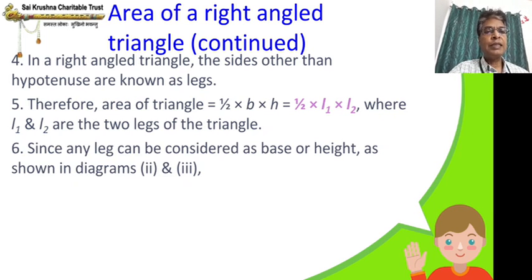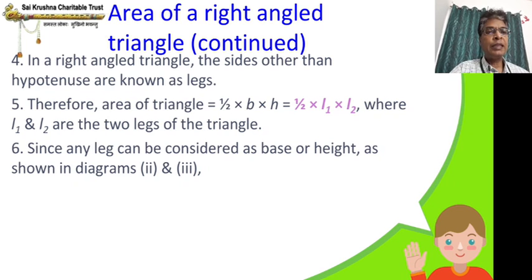Since any leg can be considered as base or height, as I have written here, as shown in diagrams 2 and 3. In 2 we saw BC as the base and in the other one we saw CA as the base. So we can consider any one as the base, any one as the height. That is, the sides which are not the hypotenuse, these are the 2 sides or 2 legs.